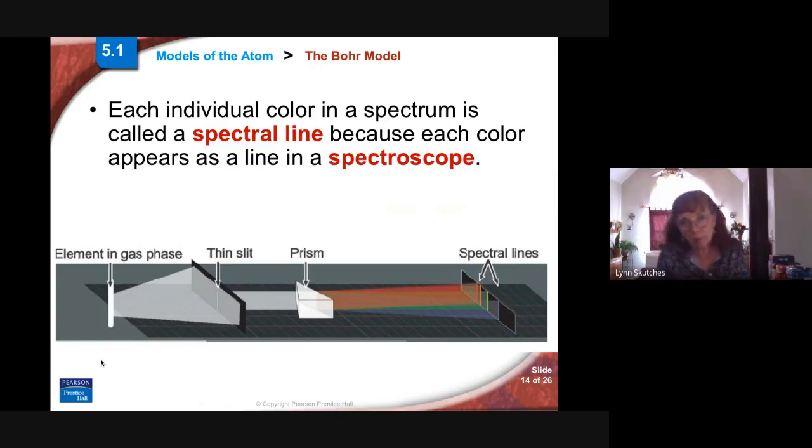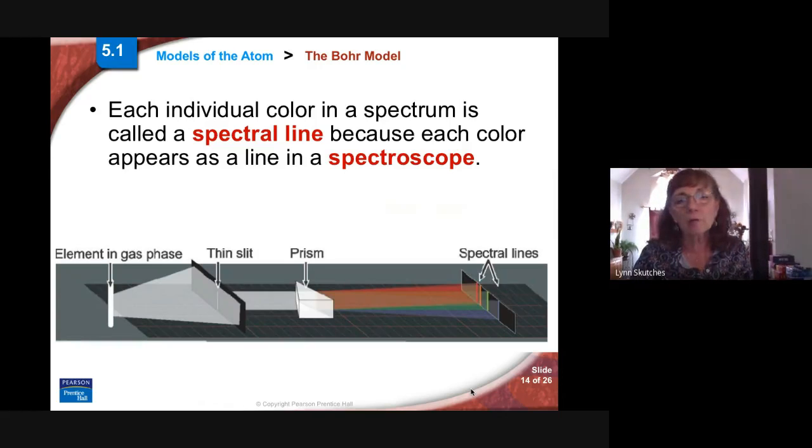You've all seen rainbows. It's the same principle. Water droplets in the atmosphere after a rainstorm refract the light. The longer wavelength reds bend the most, the purples bend the least. It's the same idea, only instead of seeing a full rainbow when you look at a specific element, you only see certain colors.